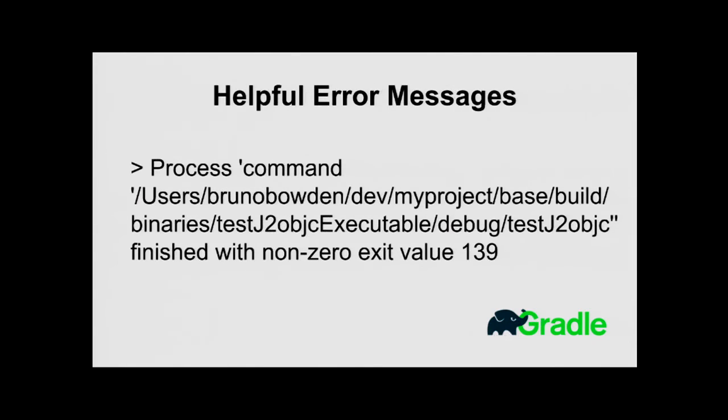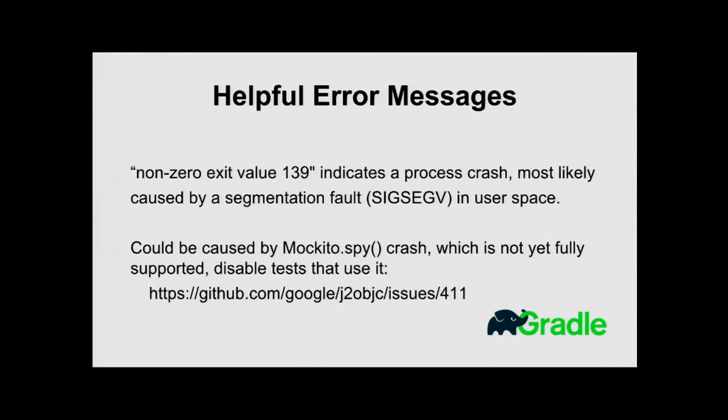One of the things we spend time on is helpful error messages. Does anyone know what exit value 139 is? This is a segmentation fault in user space, and by analyzing the output from the test, we can identify that Mockito Spy can actually be a cause of this.